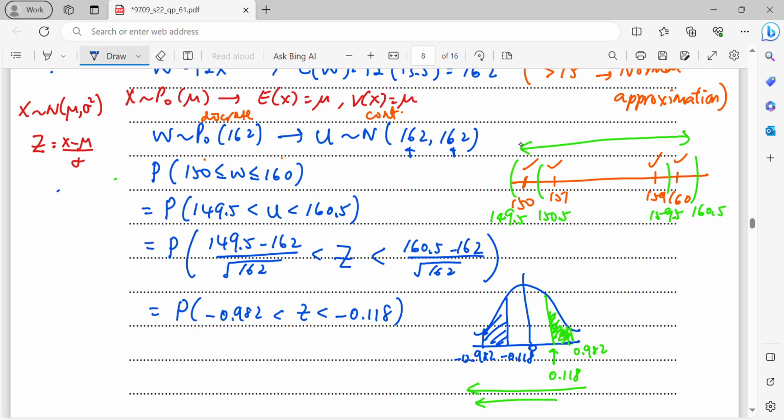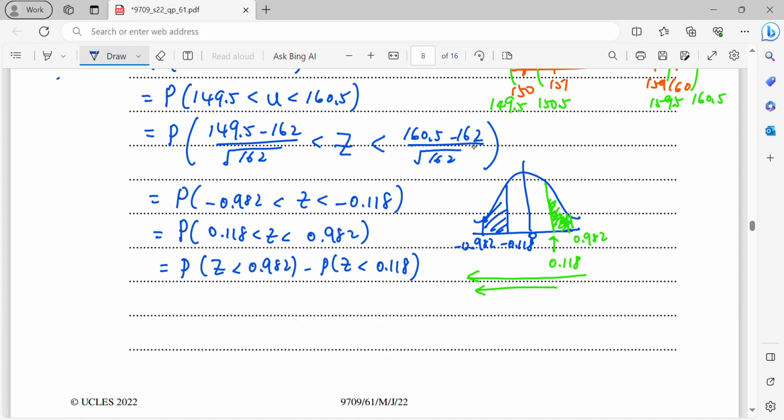So now this is going to be P(0.118 < Z < 0.982). It will be the same after you have reflected, and it will be the same as P(Z < 0.982) minus P(Z < 0.118).